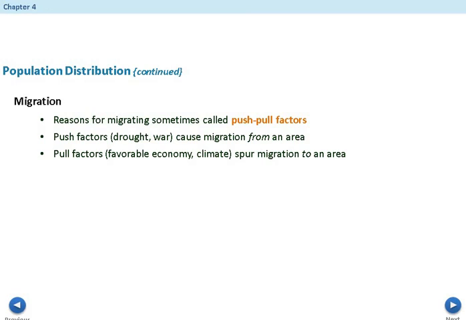When we look at push-pull factors for the United States, we would say that there are more pull factors than push factors because there are more people migrating to the United States than leaving it. So again, push, leaving the country. Pull, coming into the country.